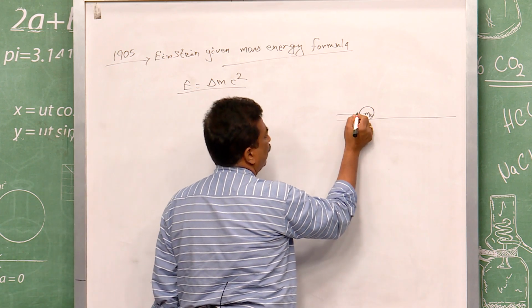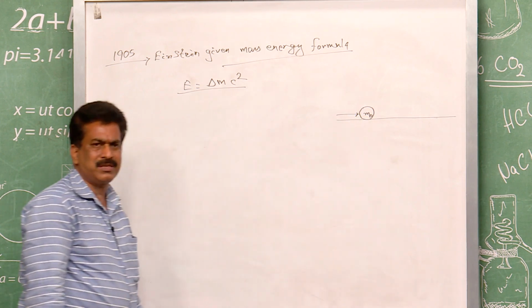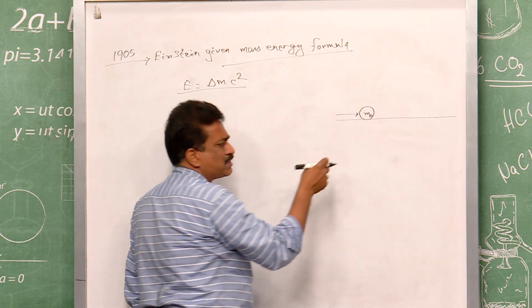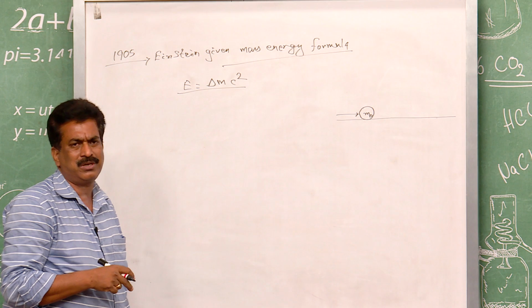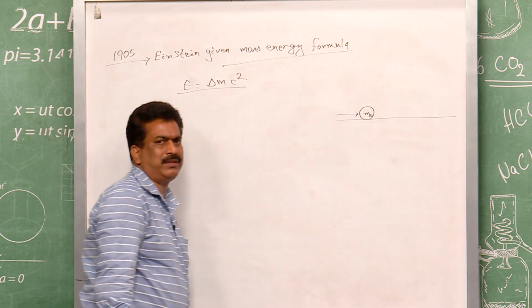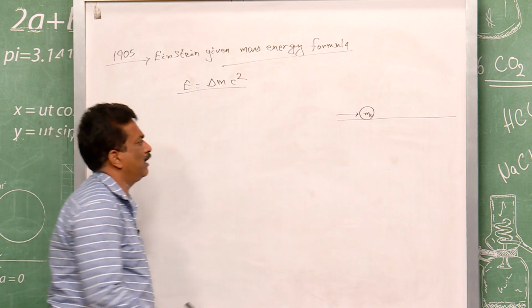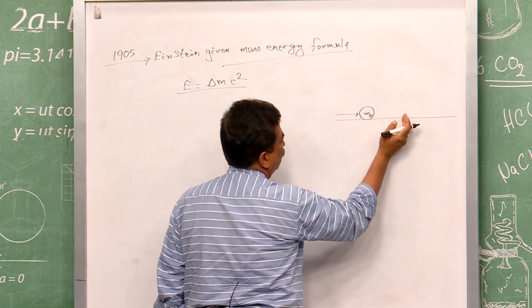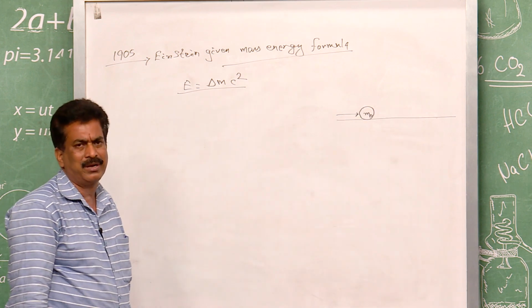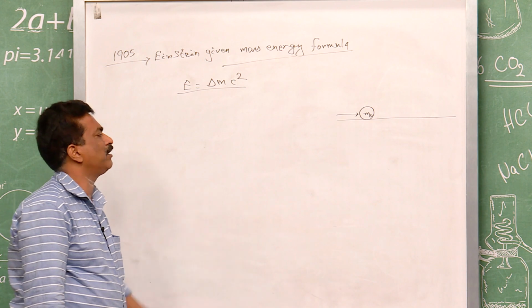If some force is applied, which mass will be more, the mass at its stationary position or the mass in motion? We discussed that in Nuclei 3, and we observed that when the mass is in motion, it is heavier than the body at rest.